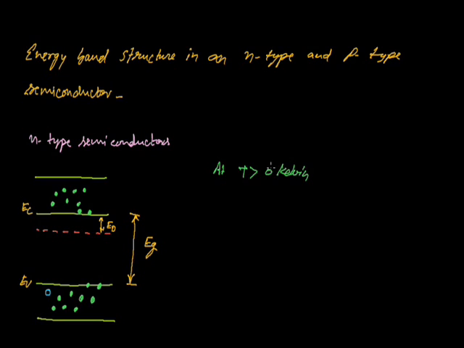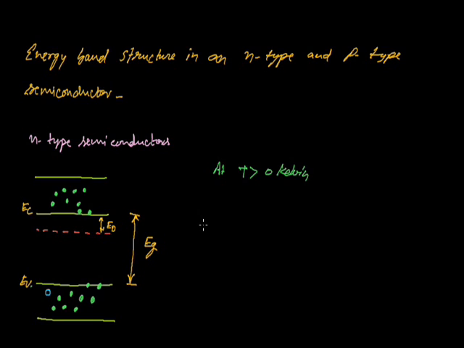So the net concentration of electrons is much more than the concentration of holes. So the forbidden energy gap between the valence band and the conduction band is shifted towards the conduction band, and the large energy gap Eg is reduced to a smaller energy gap.